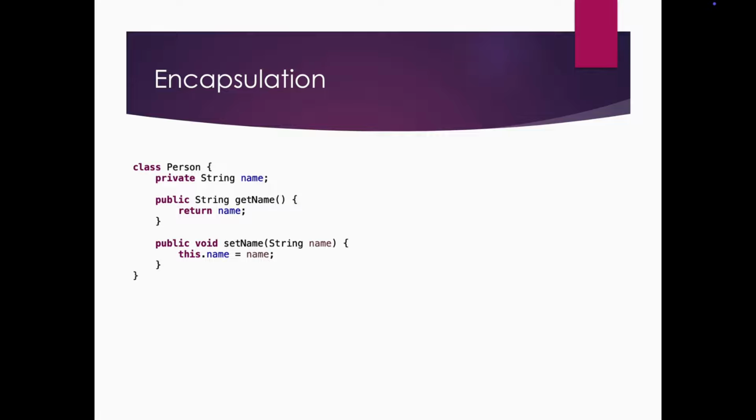In the setName method, I can add all the permission checks that I want to implement, to verify whether the person modifying this name has proper authorization or permission. That's how I'm securing my crucial data, and that's what encapsulation talks about.